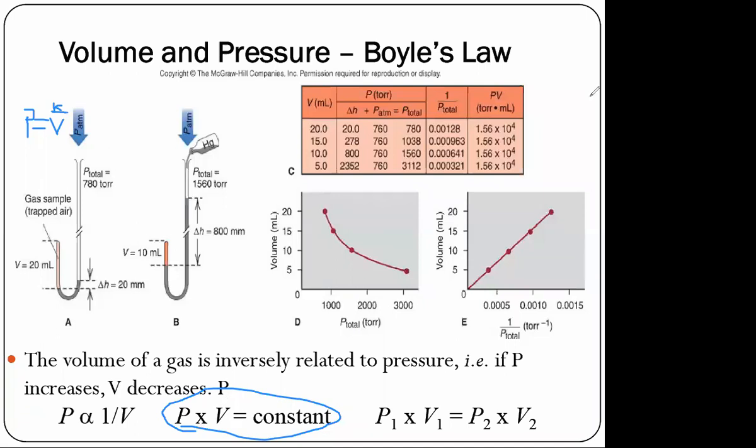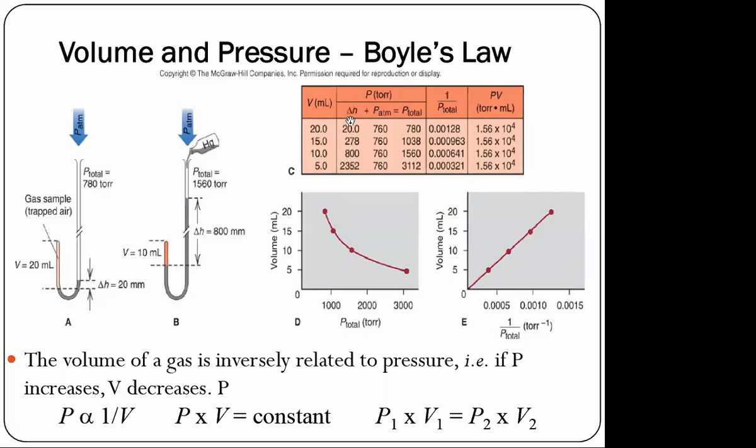Now, for us to be able to understand it, we have data that actually speak to that. What does the data tell us? If you look at the volume here, as we reduce the volume, you would notice that the pressure is increasing.